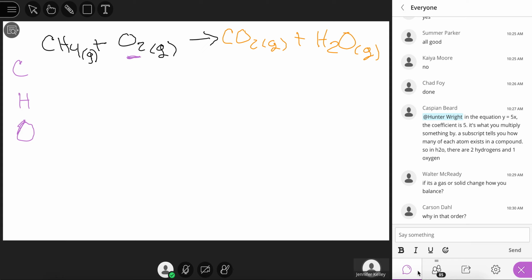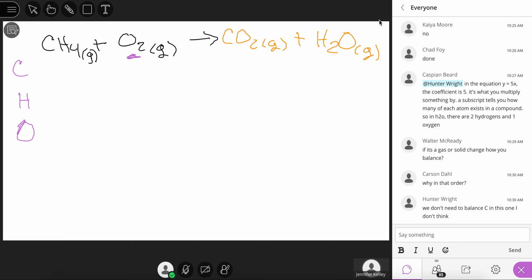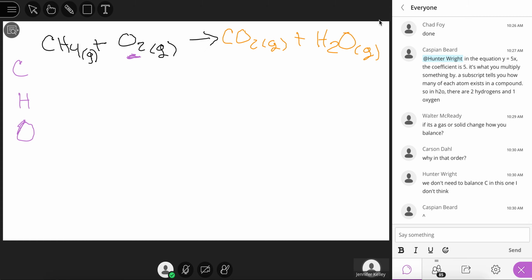Sometimes you'll end up with an odd number on one side, and then you have O2 right here, so that causes the oxygen to balance funny. So if you started with the oxygen, you could end up in an endless loop of oxygen balancing. And then hydrogen is also kind of hard, but carbon is just the easiest to do.